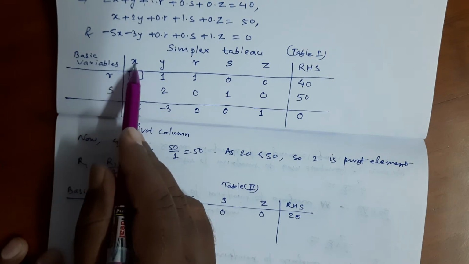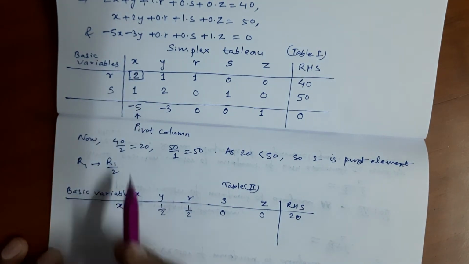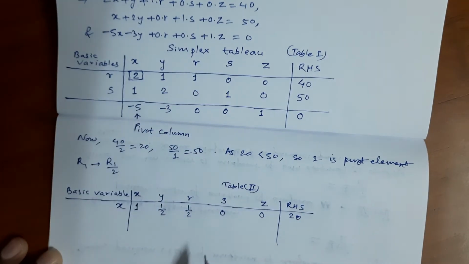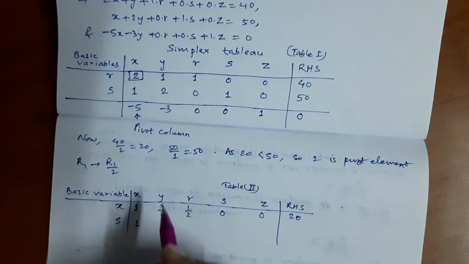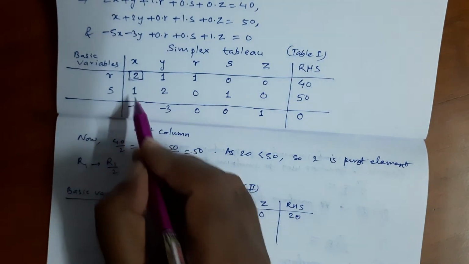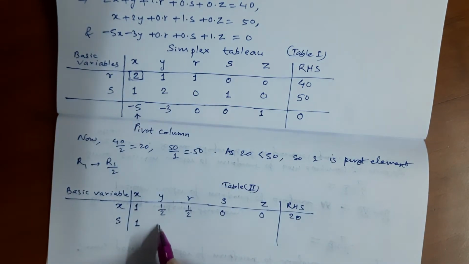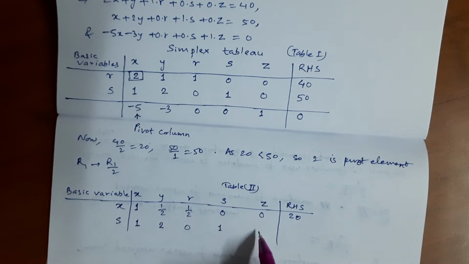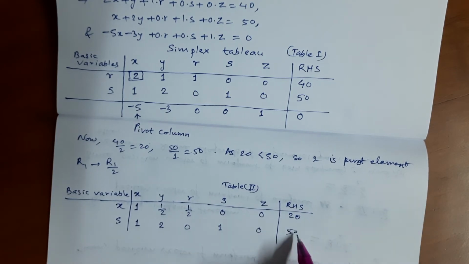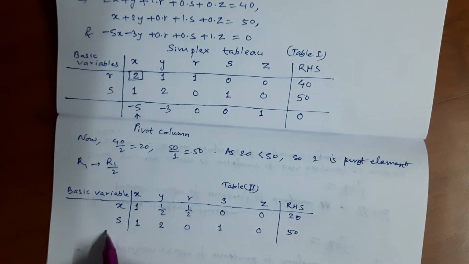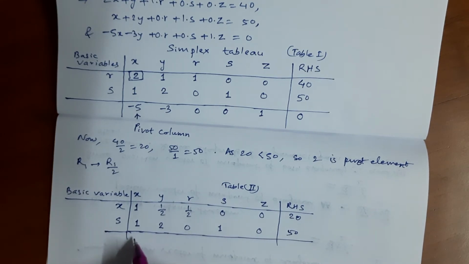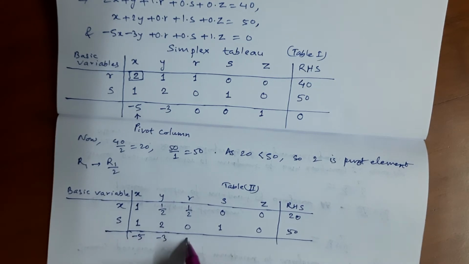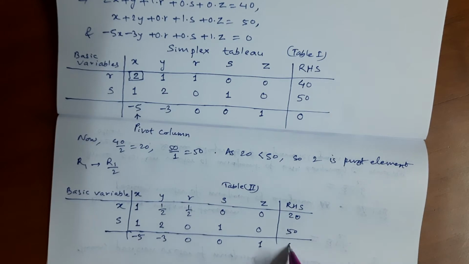In place of r, we write here x. Okay, so this r has left, and this s we write as it is, and s value here is 1. Okay, so x coefficient 1 here, other all numbers we write as it is, 2, 0, 1, 0, 50, and -5, -3, 0, 0, 1, 0.